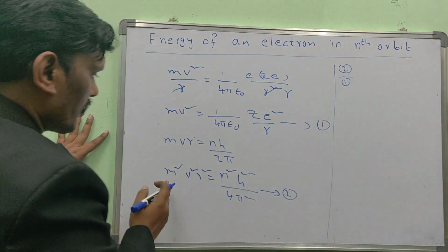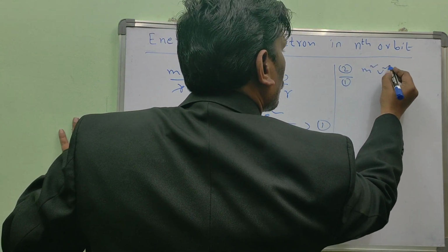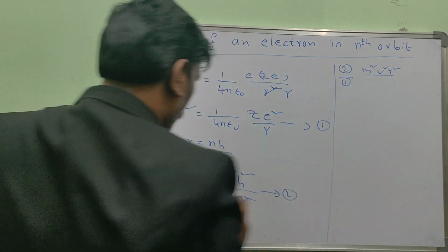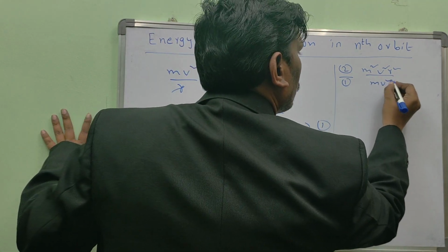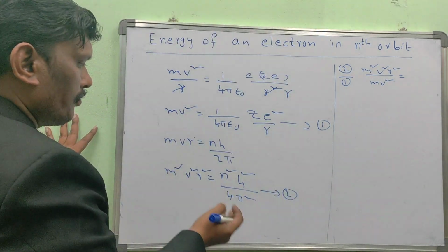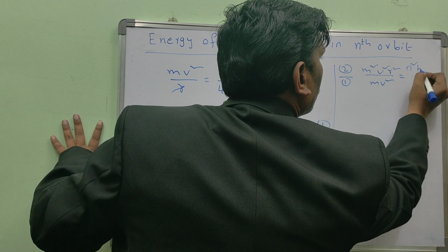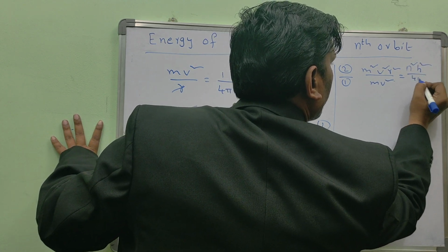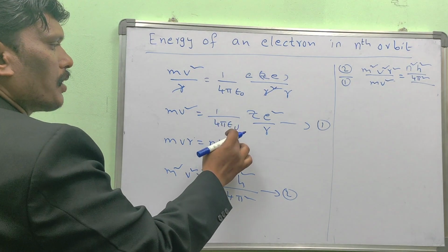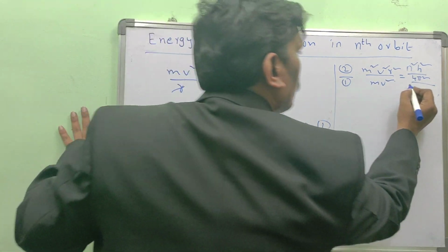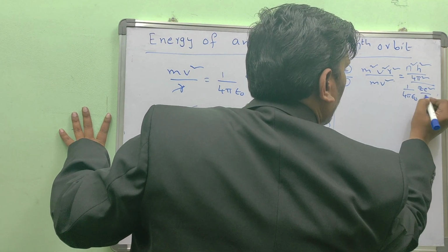What is the left hand side of equation 2? m square v square r square, divided by the left hand side of equation 1, mv square, which is equal to the right hand side: n square h square by 4 pi square, upon the right hand side of the first equation, 1 by 4 pi epsilon naught Z e square by r.